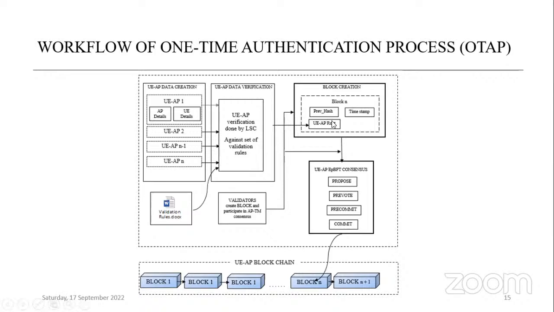Once the block is created, it will be sent to the consensus process. In our proposed consensus process, we have 4 steps: propose, pre-vote, pre-commit and commit. Once all the steps are executed, finally we will get whether the block is certified or not. Once the block is certified, that block will be added to the blockchain.